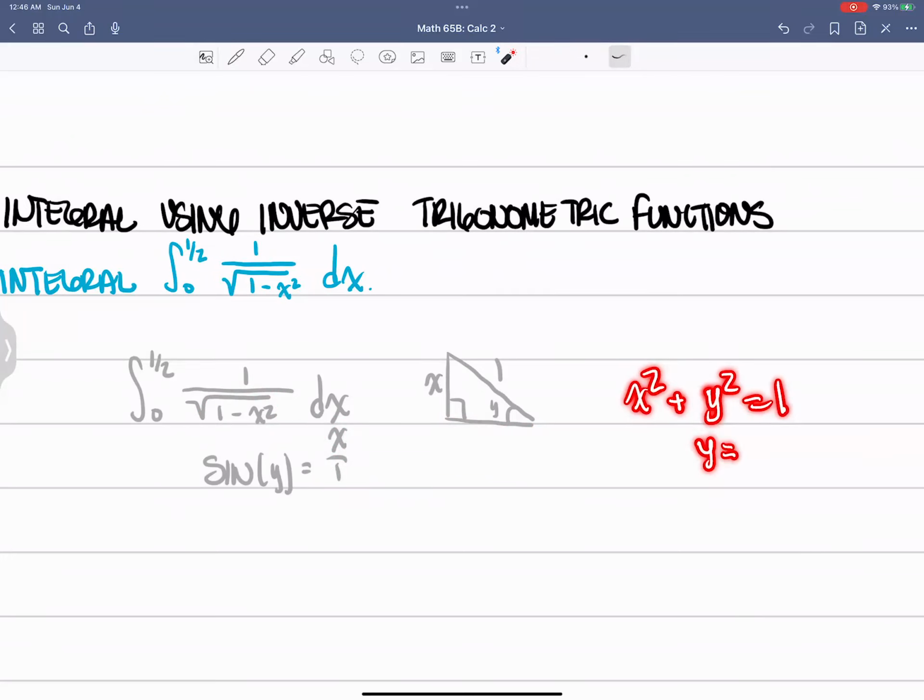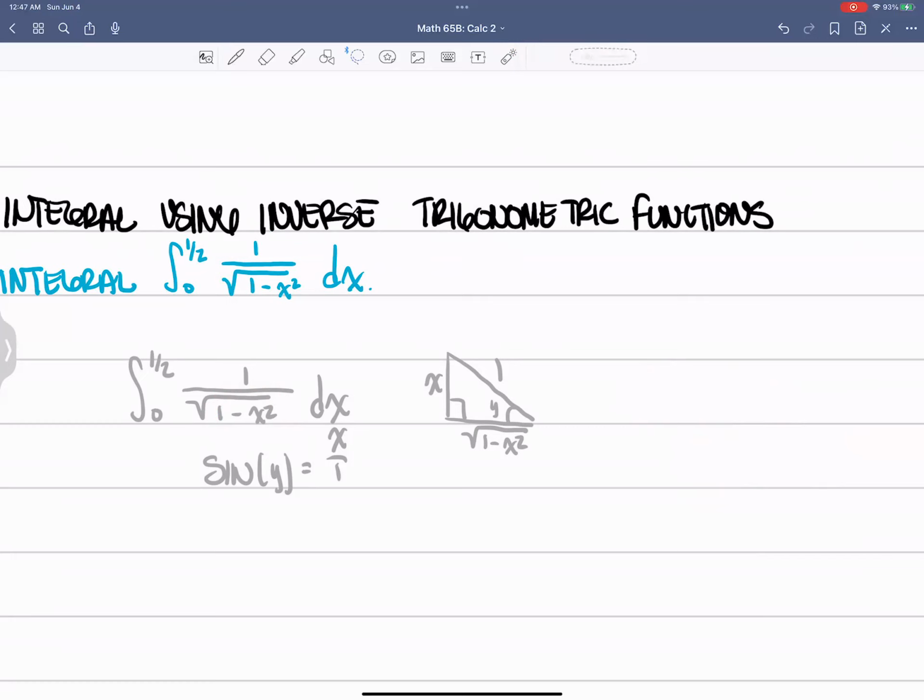So b is equal to the square root of 1 minus x squared, which is what we have right over here. And with all of that said, we just have to choose all this stuff carefully.